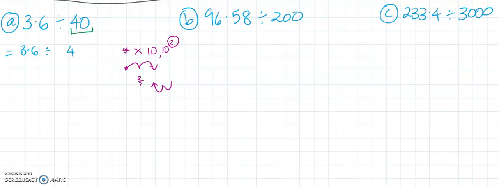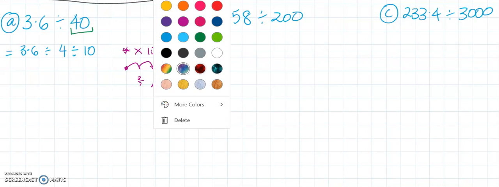So what we're doing is dividing by 4 and we're also dividing by 10, because 4 times 10 gives us 40. So let's do the first part.